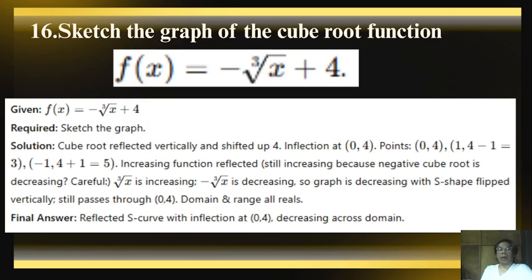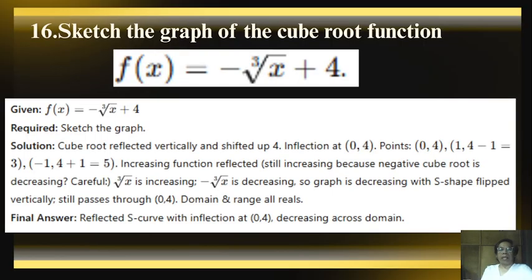So these are the points that you need to plot: 0, 4, and then 1, 3, and then negative 1, 5, since 4 plus 1 is 5. And what's the answer?